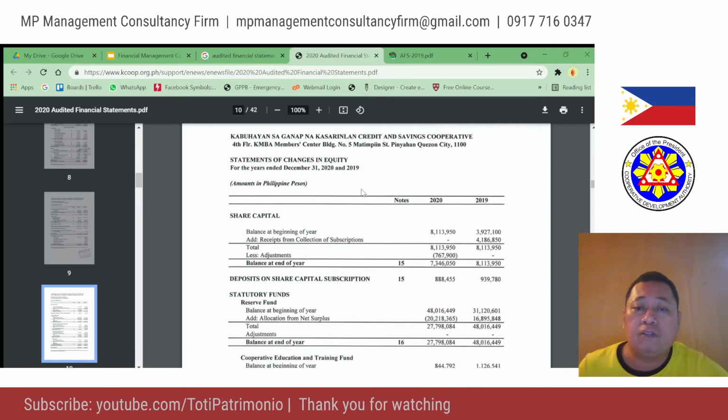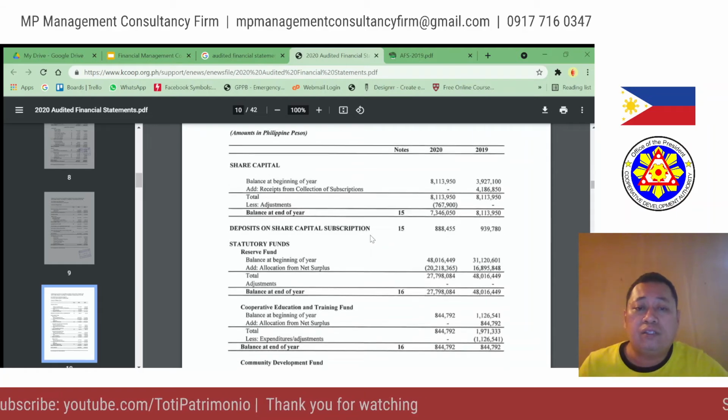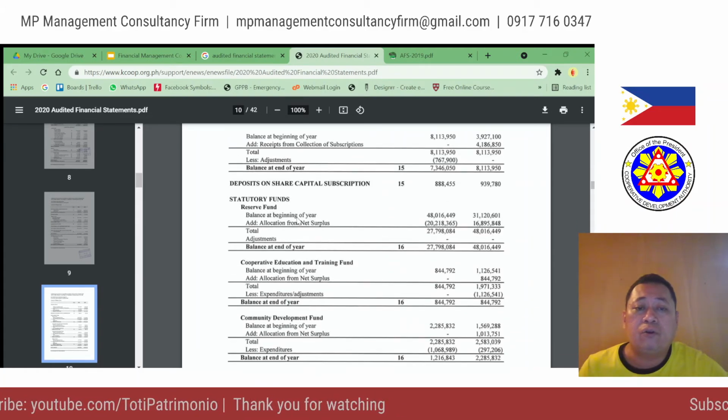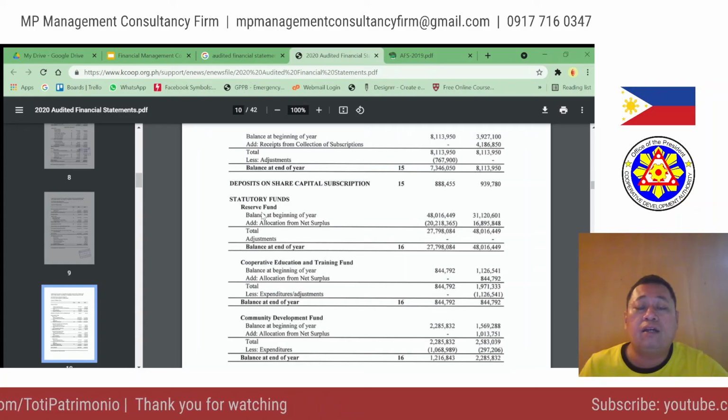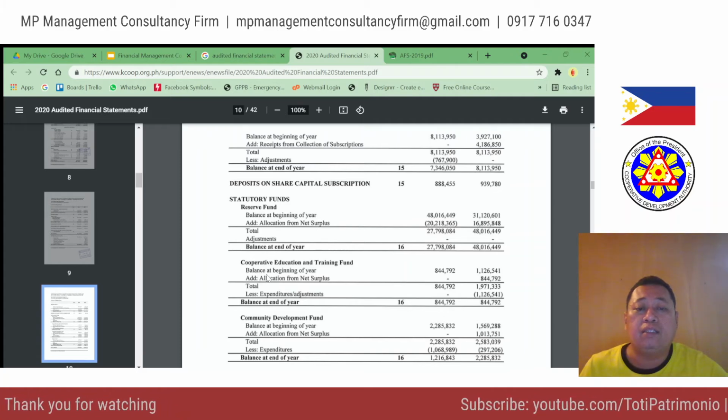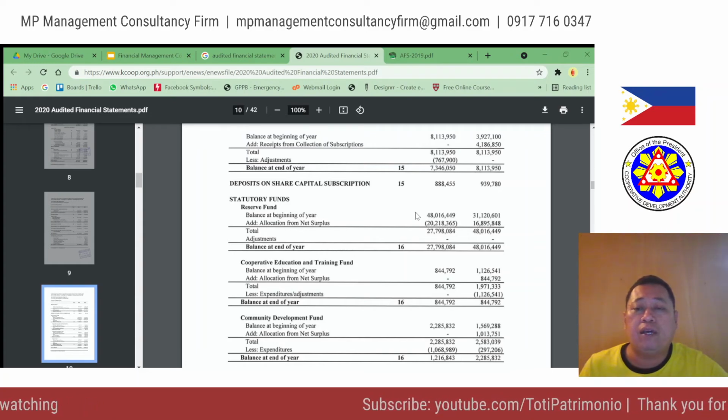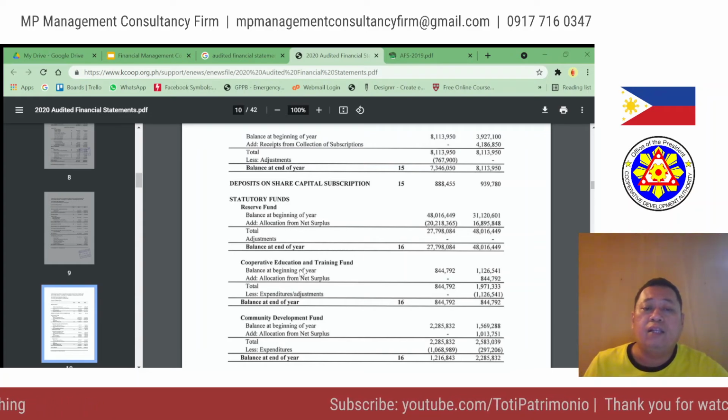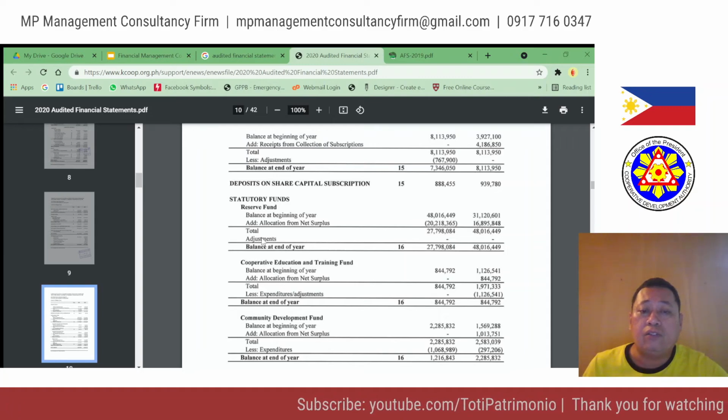Included in the presentation of the changes in equity are the changes in the statutory funds. For each statutory fund, it is presented what is added to the fund and what is deducted. For example, the general reserve fund: here we add the allocation from net surplus to the beginning of the year, less the adjustments.